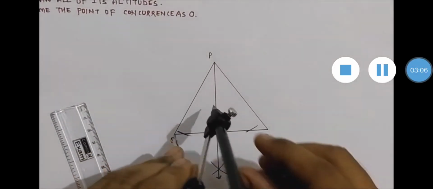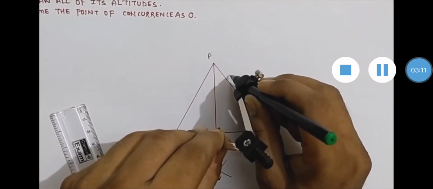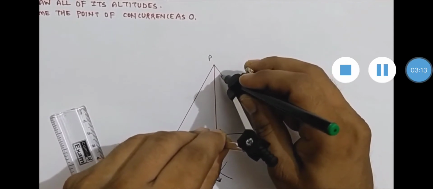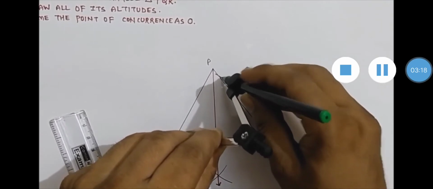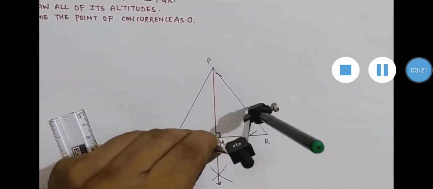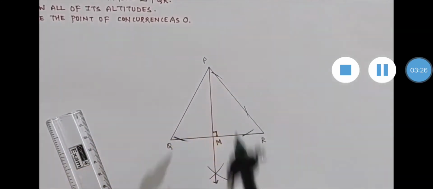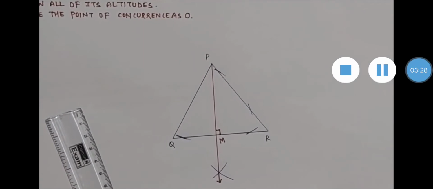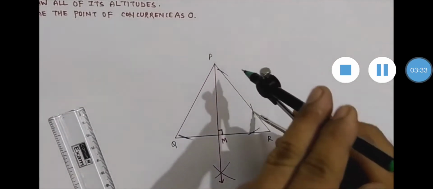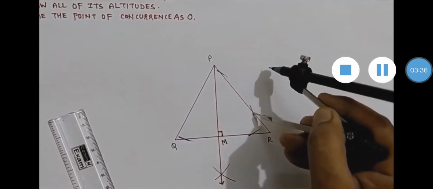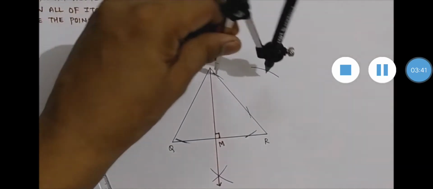Now we will take point Q. What is the base for point Q? It is line PR. Now open the compass like this, so you get two cuts on that line PR. Now open your compass more than half and make arcs like this.